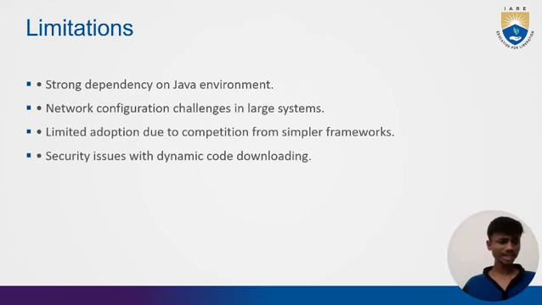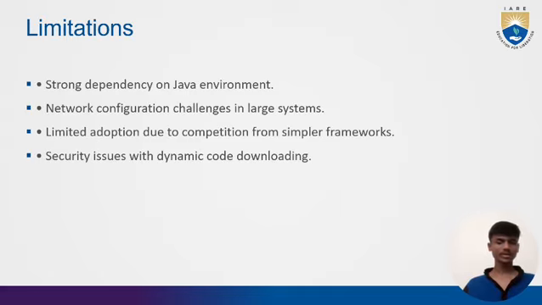Limitations of Jini technology. There are 7 types of limitations in Jini technology. They are Java dependency, complexity, limited adoption, performance overhead, security concerns, scalability limitations, and obsolescence in the modern cloud ecosystem.